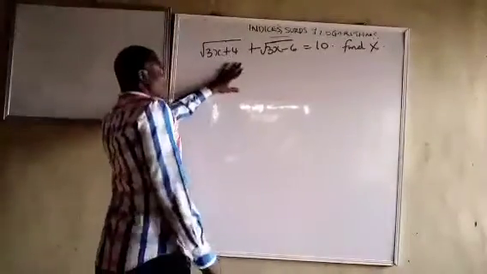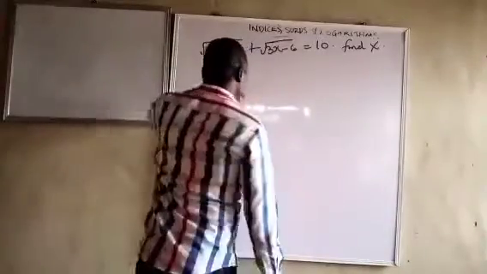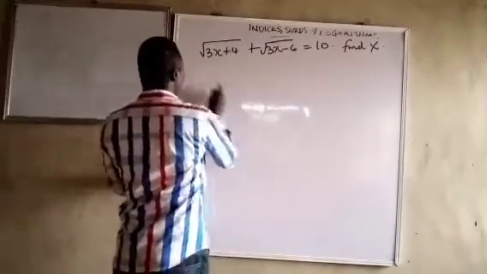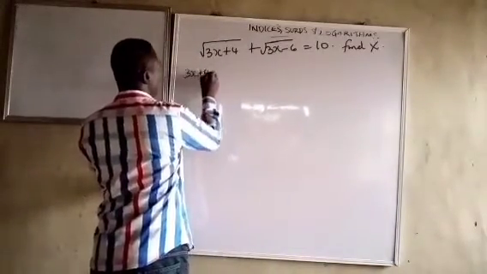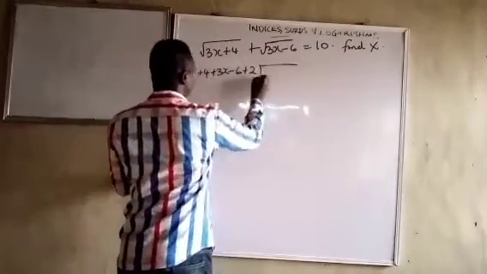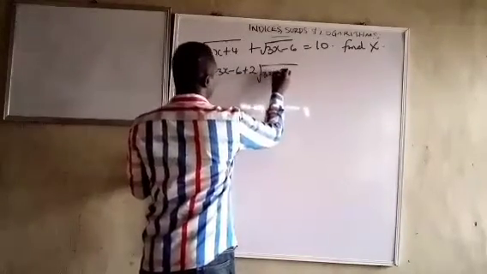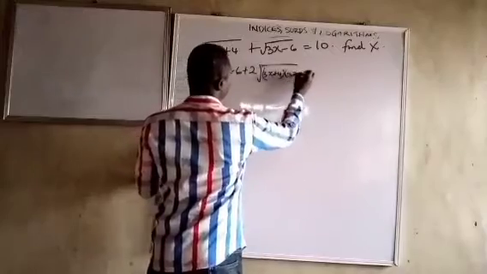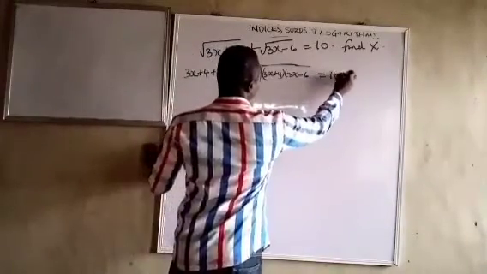Root of 3x plus 4 plus root of 3x minus 6 equals 10. Find x. Now let's square both sides. We have 3x plus 4 plus 3x minus 6 plus 2 into root of 3x plus 4 into 3x minus 6 equals 100.